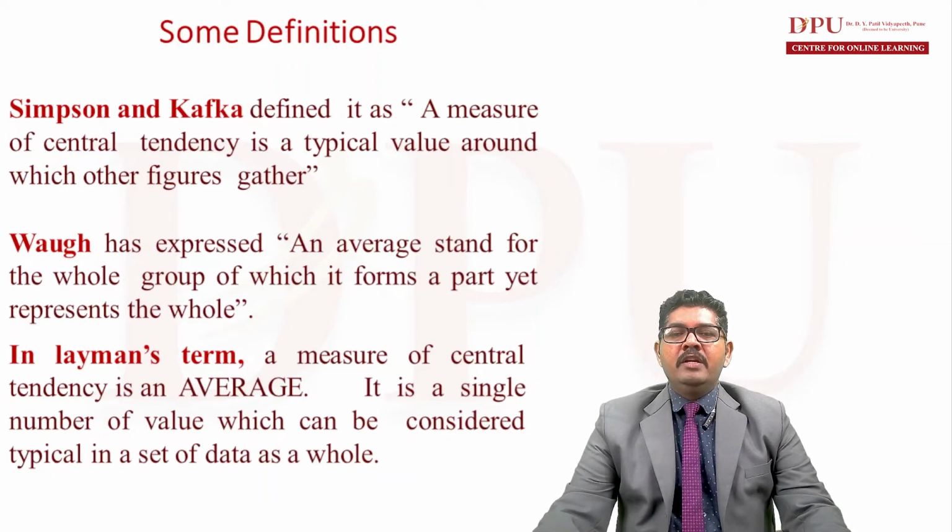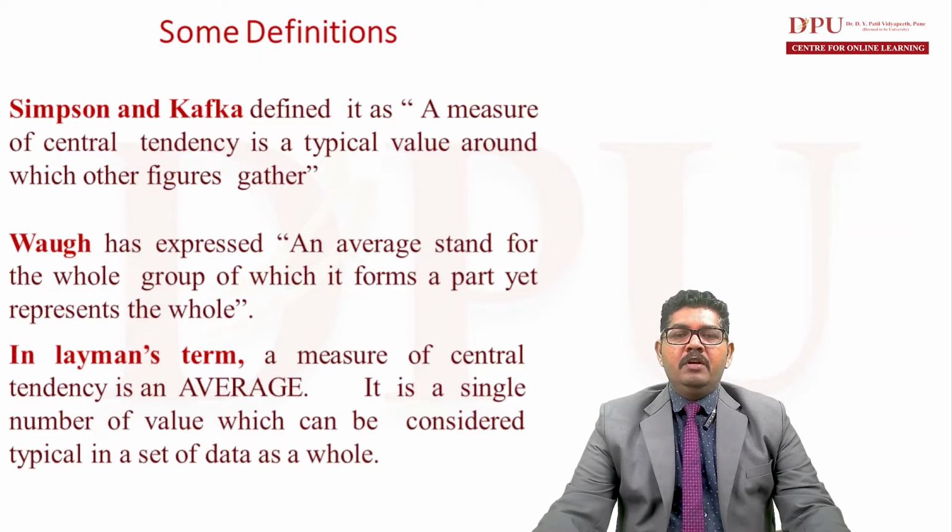An average standing for the whole group means a single value which can represent the entire group of which it forms a part, yet represents the whole. So it forms the part but represents the entire data set.